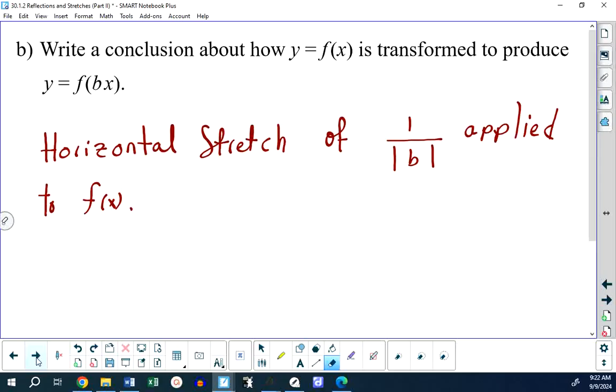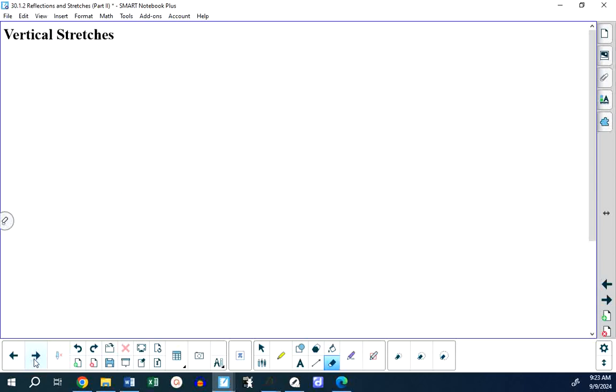You just flip it over, that's all. Okay? And the absolute value is there because we could reflect things horizontally. So, a conclusion, a summary is on the next page. And then we're going to do just a few examples together.